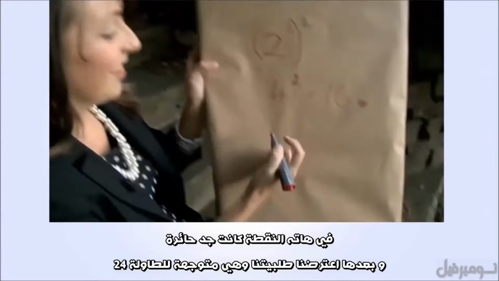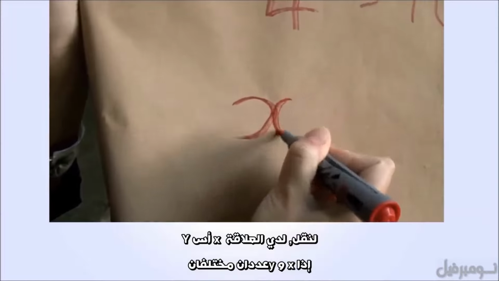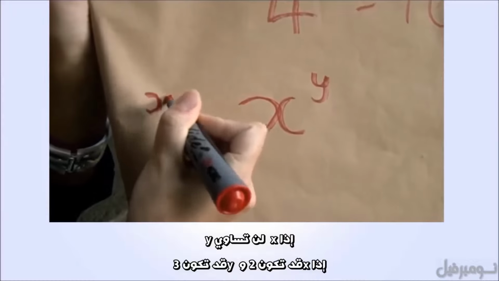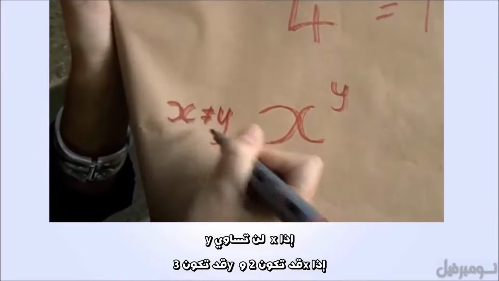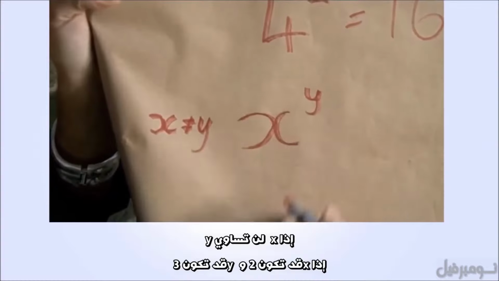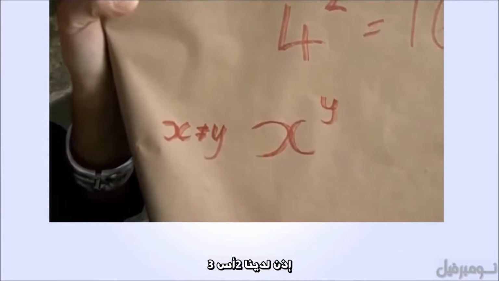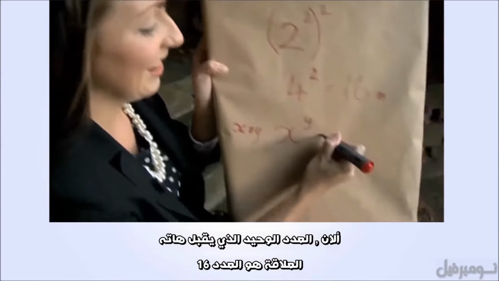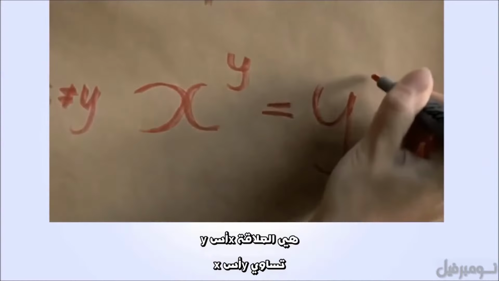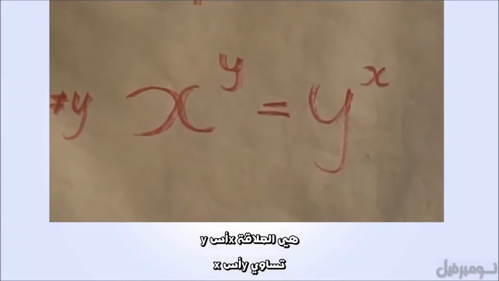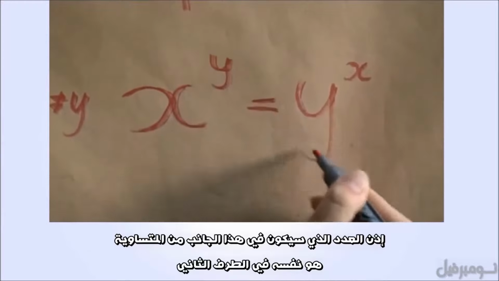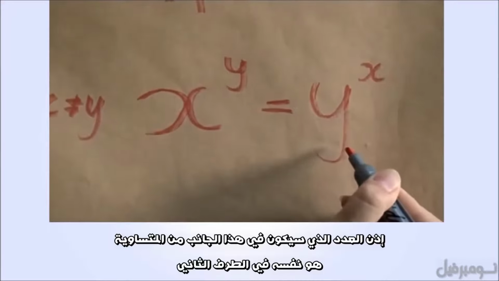Let's say I have the relationship x raised to the power of y. So x and y are 2 different integer numbers, so x cannot equal y. So x could be 2, y could be 3. We'd have 2 cubed. Now the only relation that is satisfied by this number 16 is that x to the y is equal to y to the x. So the number on this side of your equal sign is going to be exactly the same as the number on this side of the equal sign.